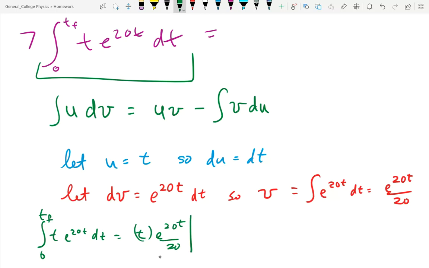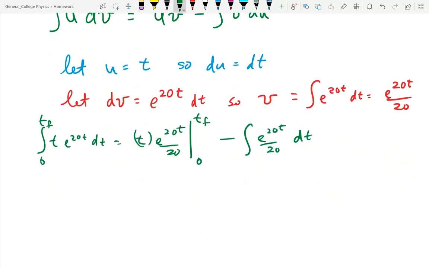And then I'm going to have to evaluate my limits minus the integral of v times du. And life is oh so fun.